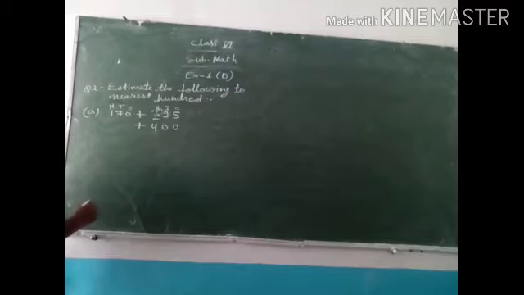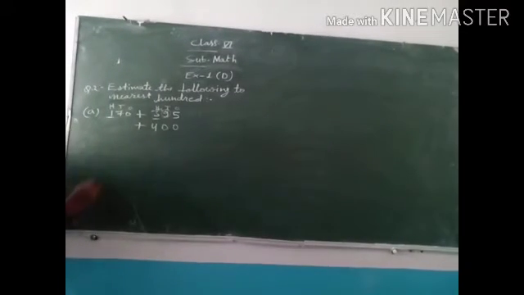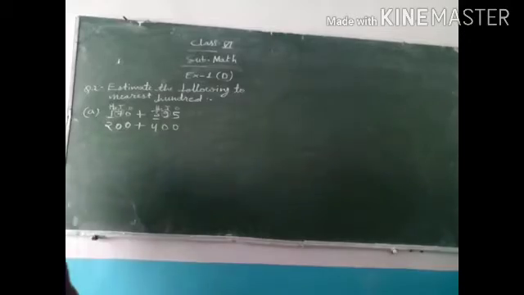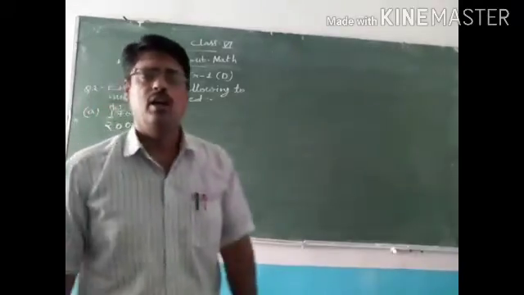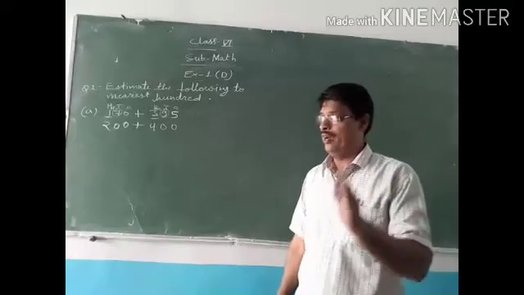Plus 170. We have to round off to the nearest 100, so we will see the tens place digit. What is there? 7. Here is 7, greater than 5, so it will become 0. It will also become 0, and here we will add plus 1. So 1 plus 1 is 2. It means 170 comes between 100 and 200.